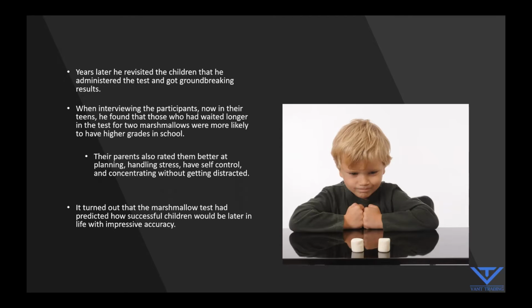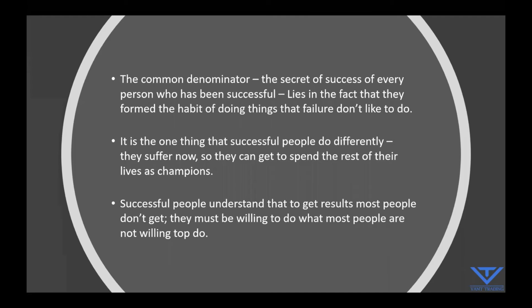Their parents also rated them better at planning, handling stress, having self-control, and concentrating without getting distracted. So it turned out that the marshmallow test had predicted how successful the children would be later in life with some impressive accuracy.